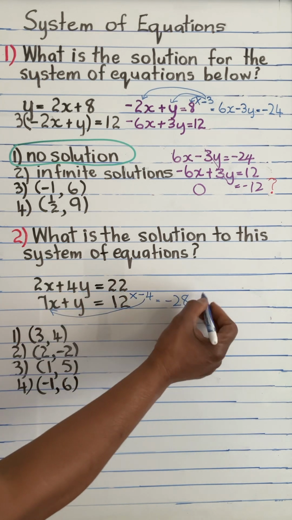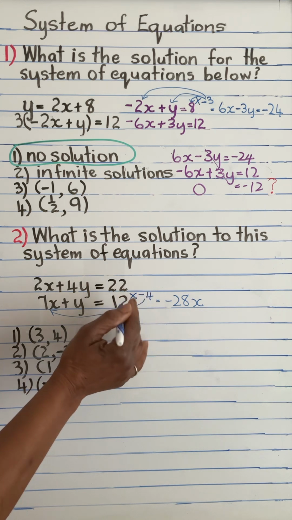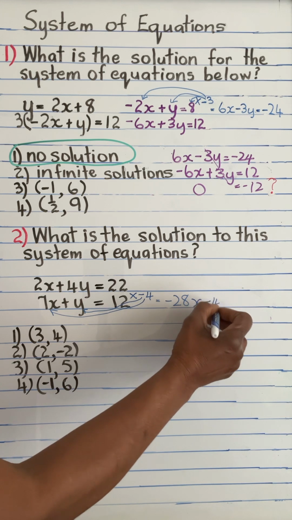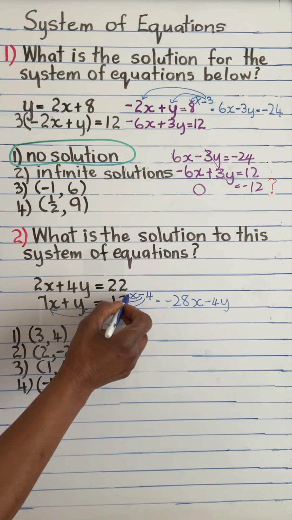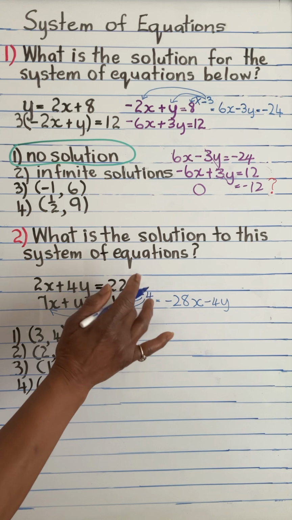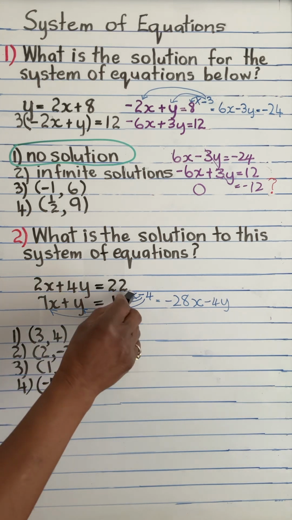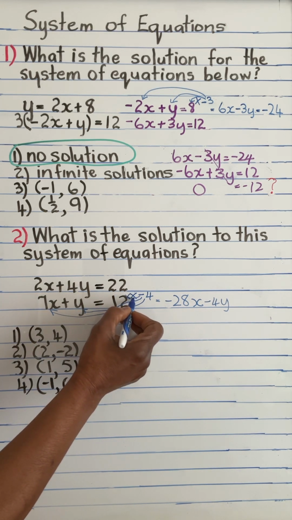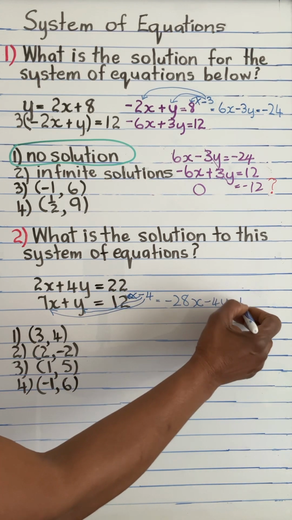We multiply y by negative 4 and get negative 4y, and we multiply 12 by negative 4 and get negative 48.